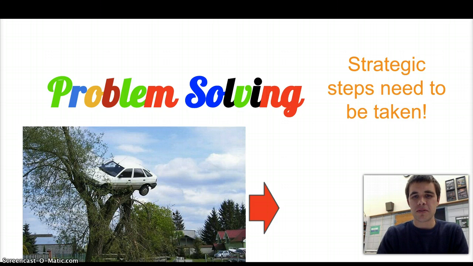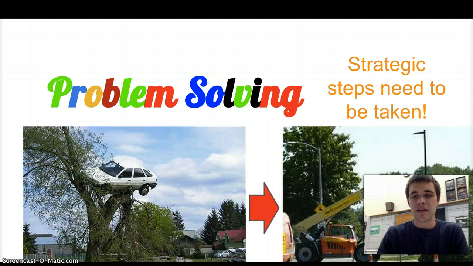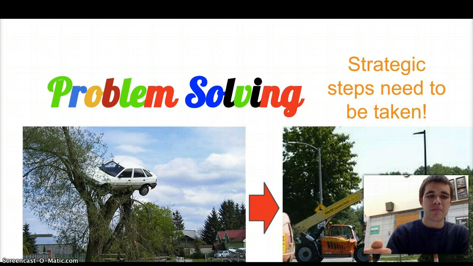And so we have to take appropriate steps to solve these problems. Here somebody had to call somebody to drive this machine. Somebody had to call the government or the police to ask if it was okay to get out of the tree and block the road. There's a lot of steps that need to happen before a problem can be appropriately solved.